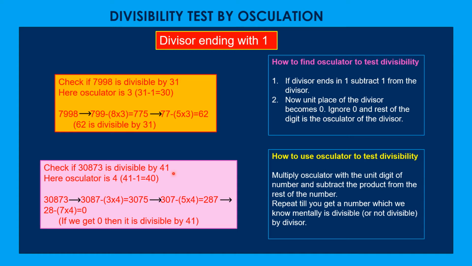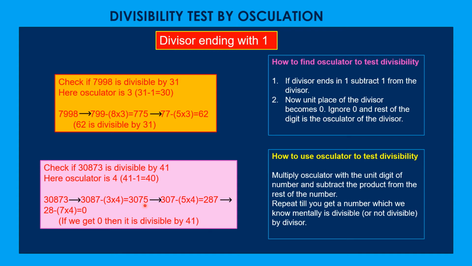Check if 30,873 is divisible by 41. So here your divisor is 41 that ends with 1. So you find the osculator, that is you subtract 1 from 41 and your osculator here is 4. Then you multiply your osculator 4 with the unit digit of the number, that is 3. So 3087 minus 3 times 4, that is 12. You get 3075.